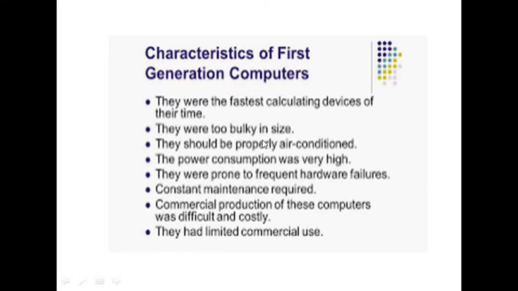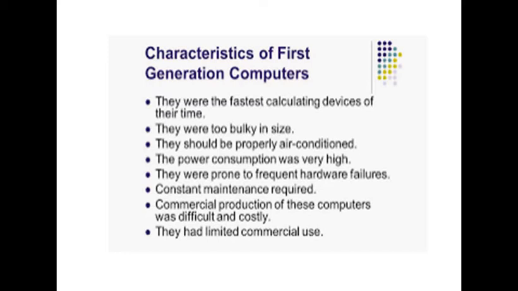As you can see, it was very bulky, that means it was very big in size. Then it required proper air conditioning, that is, ACs were required so that the heat generated by these machines could be lowered down.